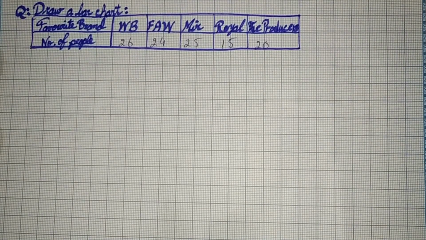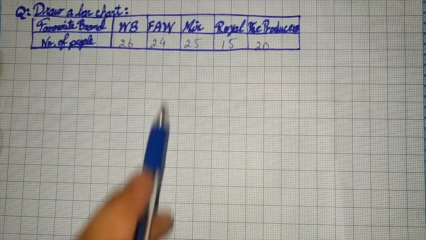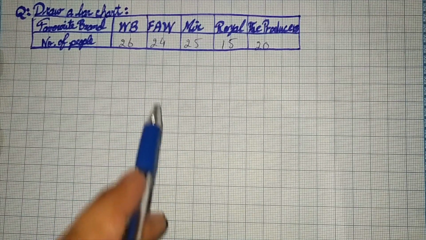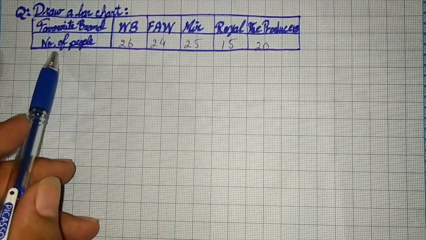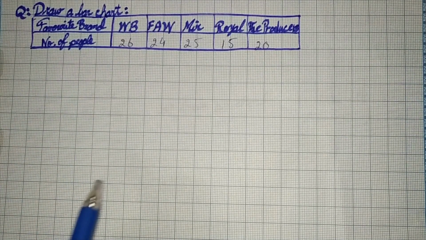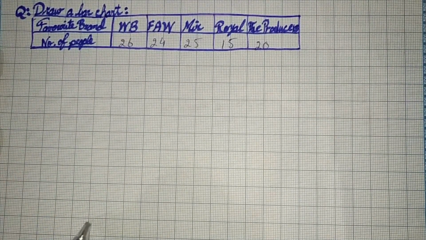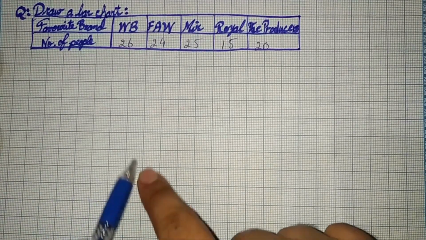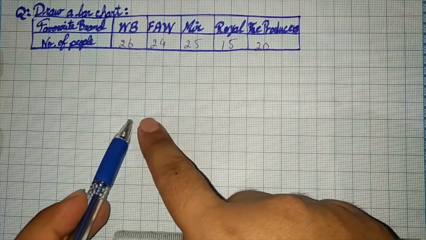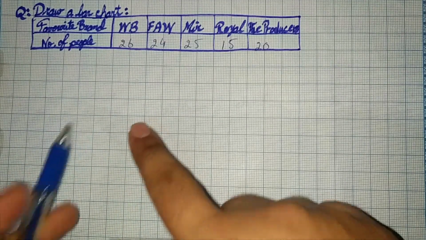If we want to draw vertical bars, we have to take the number of people on the y-axis, so that we can compare the height of a bar with the number of people.